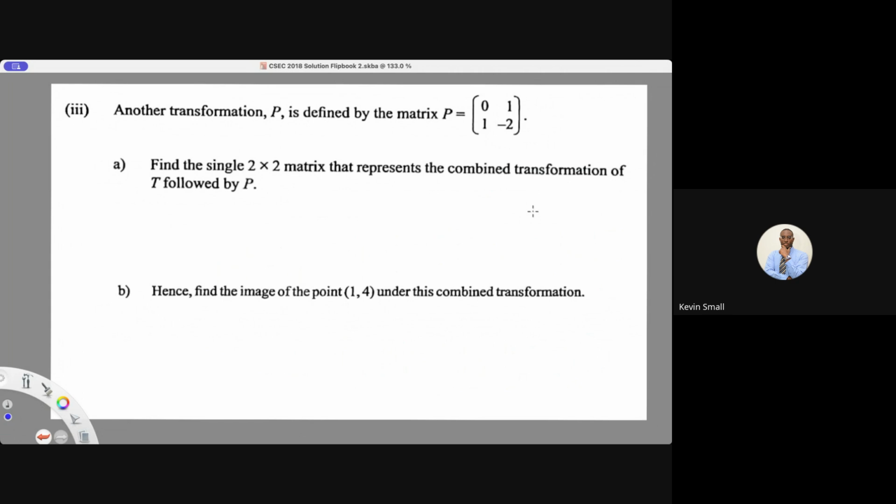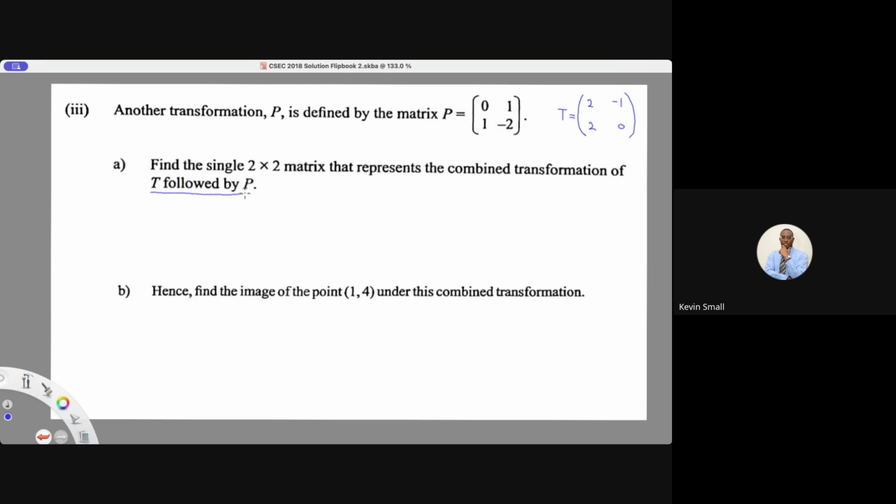Find the single matrix that represents the combination or the combined transformation of T and P. So just to jog your memory, if you go back one slide, T was 2, negative 1, 2, and 0. That was T. Now, whenever you are combining matrices, if it says the matrix T followed by P, now this is where people make the mistake.